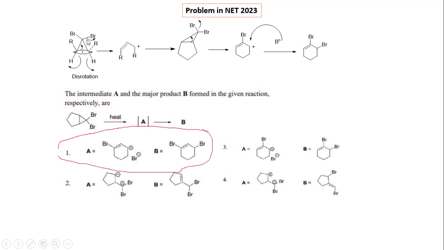The C-Br bond breaks in one way, and the R alkyl group rotates in the opposite orientation, and we get the U-shaped structure. We know that the U-shaped structure is more favorable for the cyclic system, hence we get the allyl bromo substituted product. So the correct option for this problem is the one option.